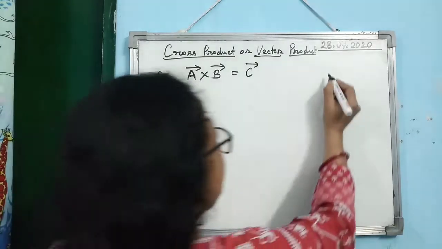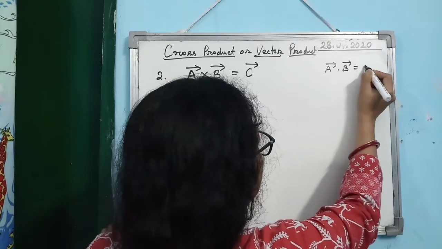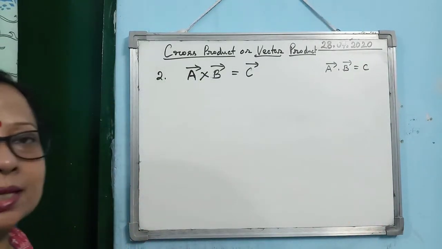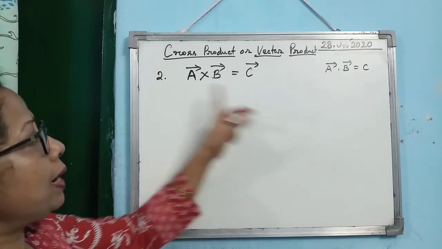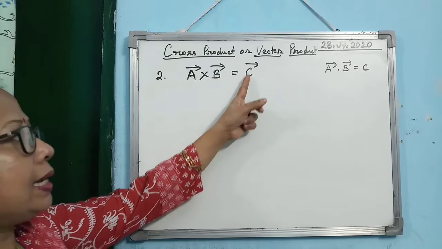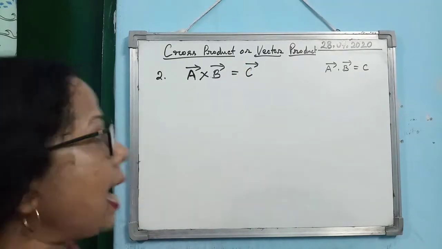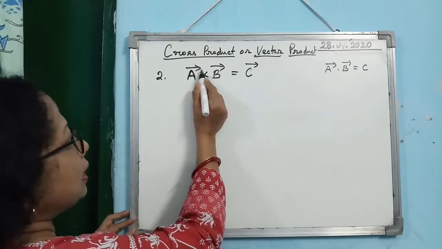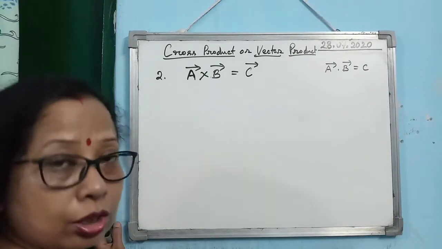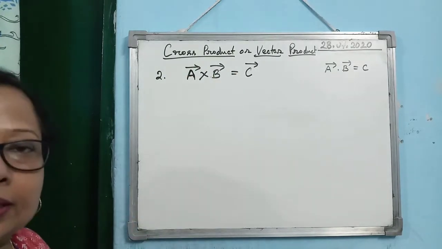I hope you can remember, for scalar product or dot product, I wrote it like this. See, over that there was no vector sign, meaning it was a scalar quantity. But in this case, you are multiplying two vectors and you are getting another vector quantity C. As the multiplication sign is represented by the cross, that's why it is known as cross product or vector product.